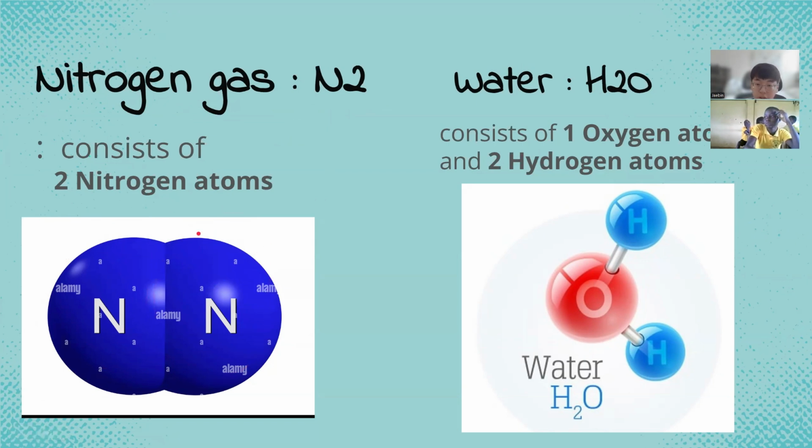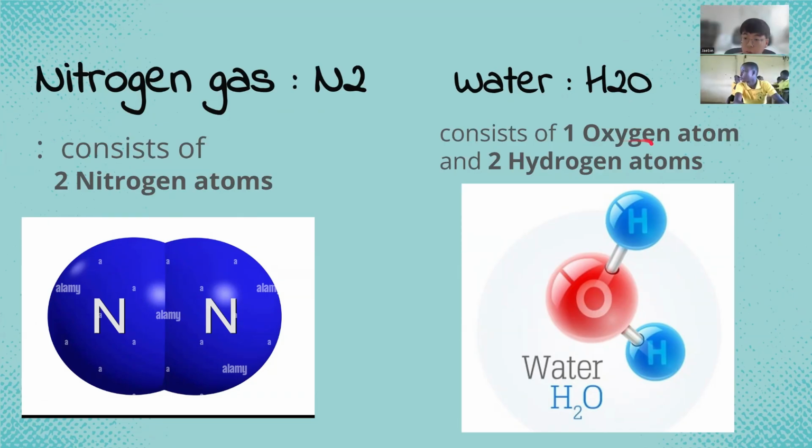Just nitrogen, but it can combine to form a molecule that has different kinds of atoms, like water. Water is H2O, so it consists of one oxygen atom and two hydrogen atoms. So this is an example of a compound where it has more than one type of atom. Okay.